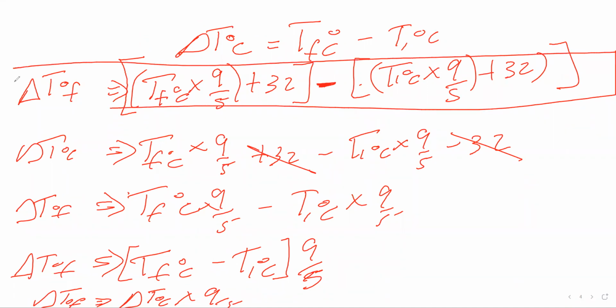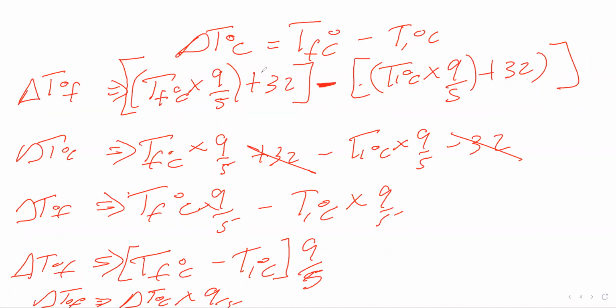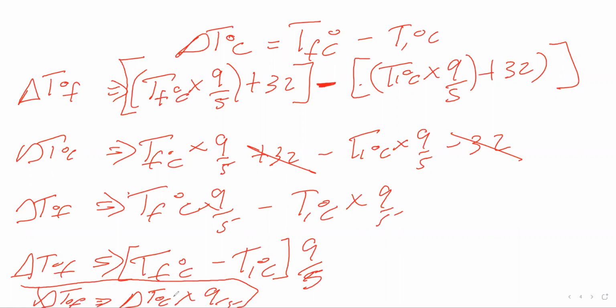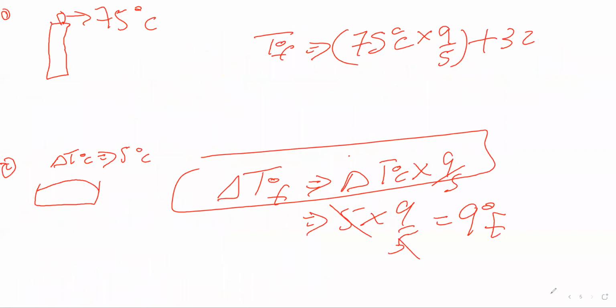This here is the same as this, but now in degrees Fahrenheit. So I convert the final temperature into this, the initial temperature into this, and when I work this out algebraically, the final answer was this here. So this is how we derive this formula. Make sense?